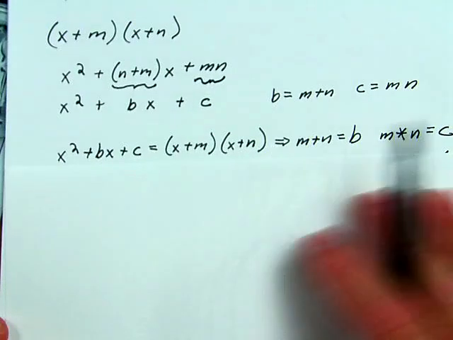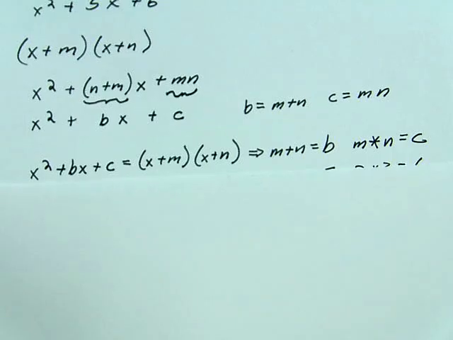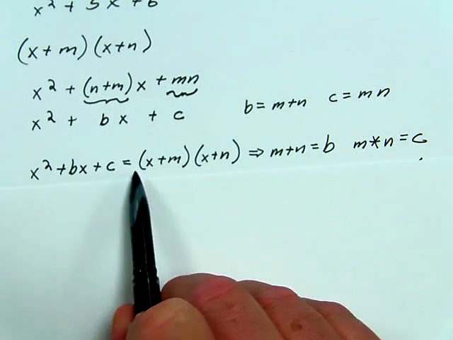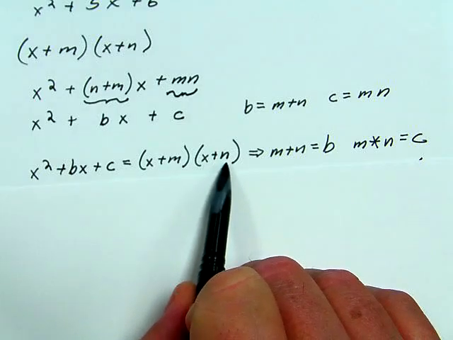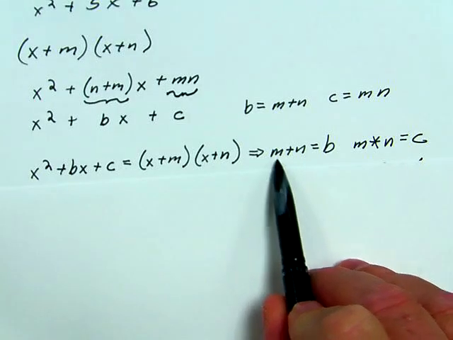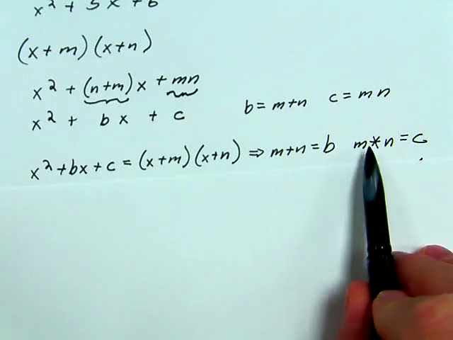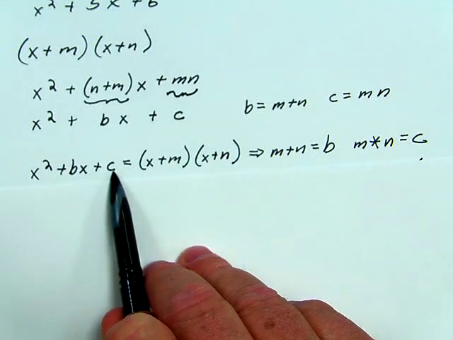Let's restate it very simply: x squared plus bx plus c is equal to (x + m) times (x + n) if m plus n is equal to b, the coefficient of the middle term, and m times n is equal to c, the last term.